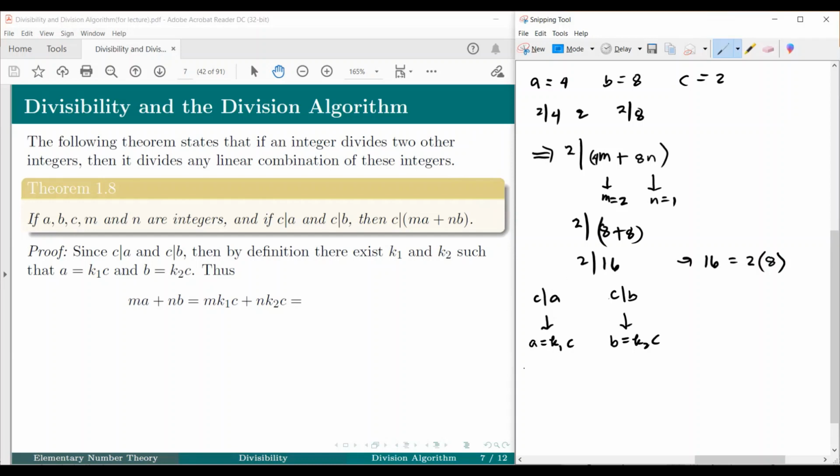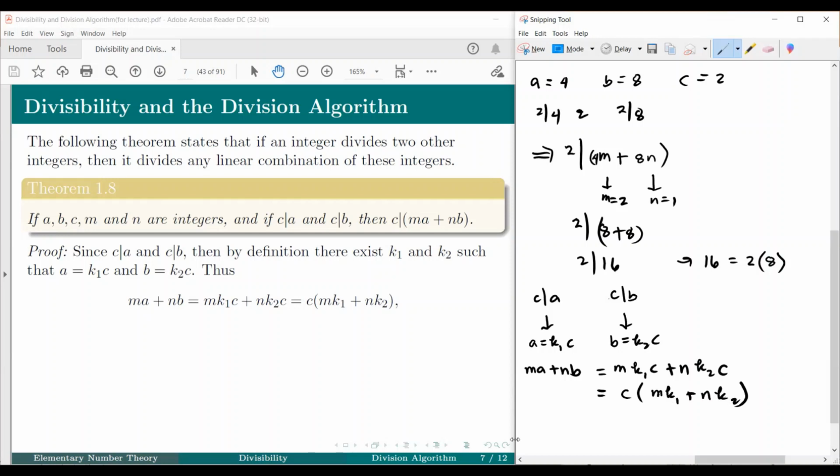Now, if we have MA plus NB, we have A is K1C, plus N times B, which is K2C. So we factor out C. So C times MK1 plus NK2.